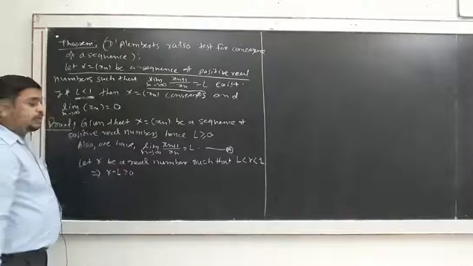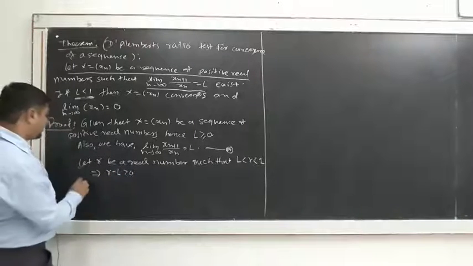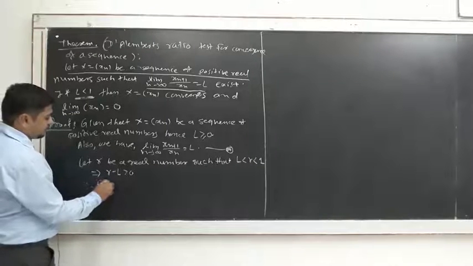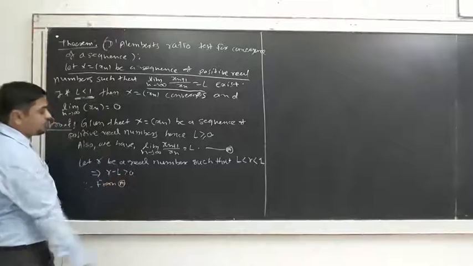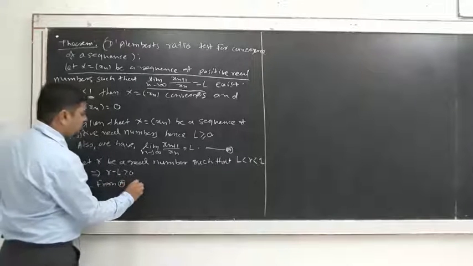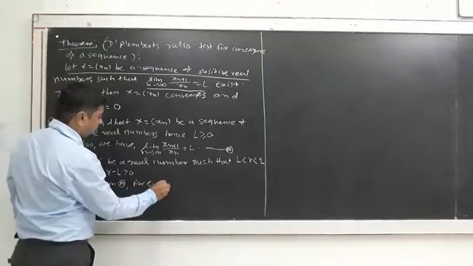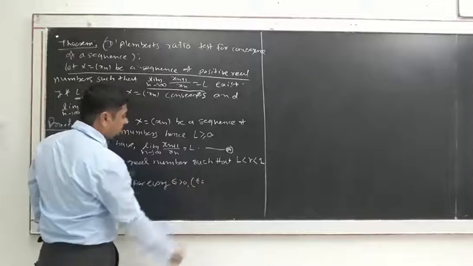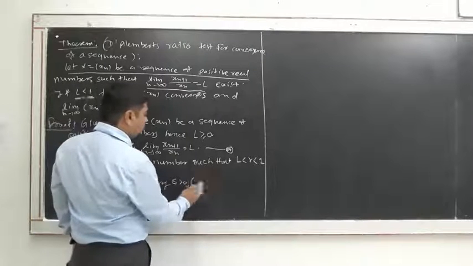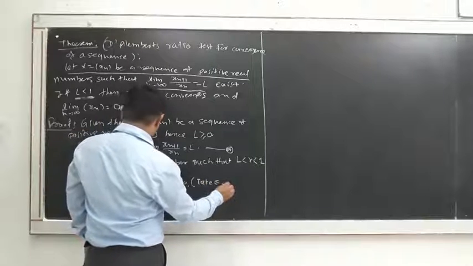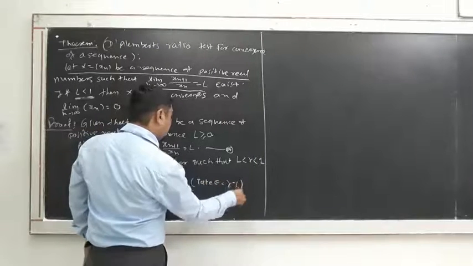So we can take this as epsilon. Therefore from star, use the definition: for every epsilon greater than 0, take epsilon equal to r minus L.